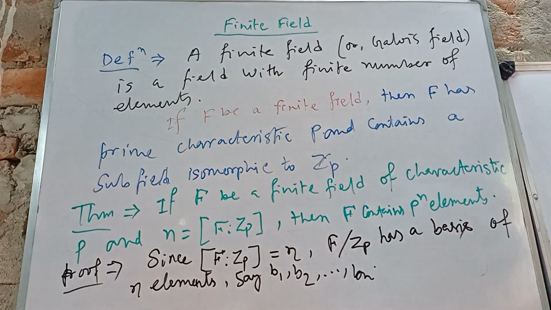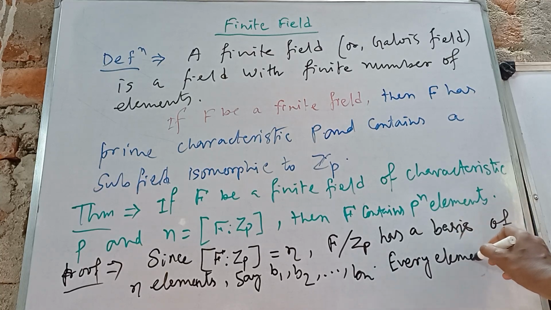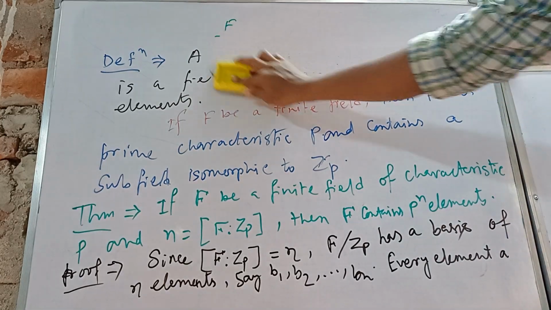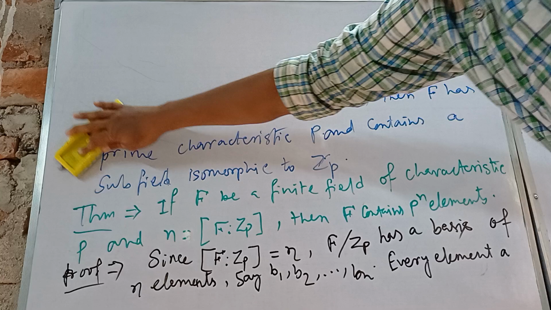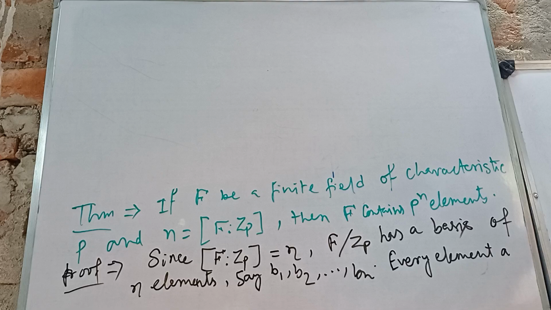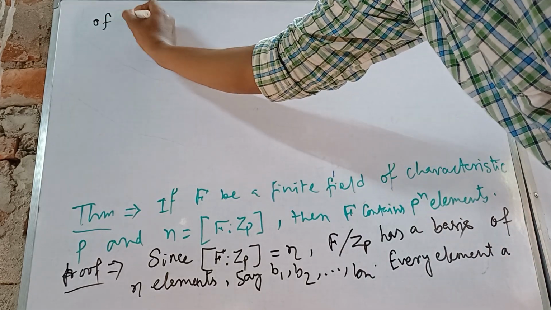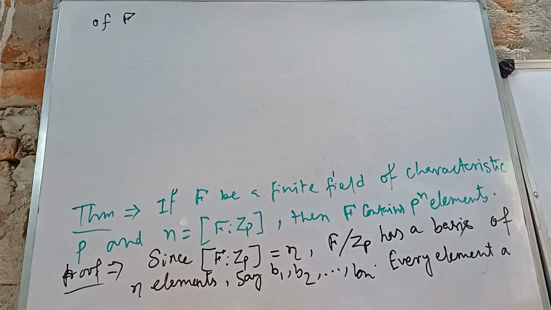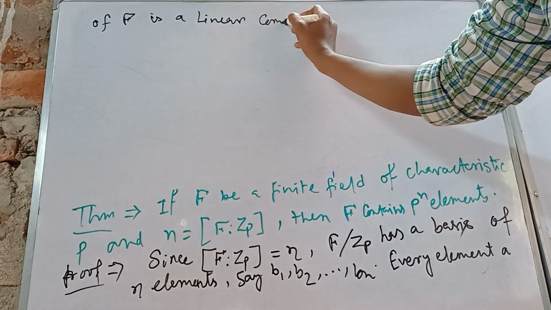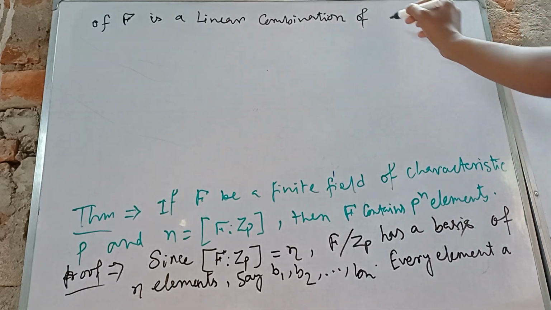Then every element a of F is a linear combination of b1, b2, bn.